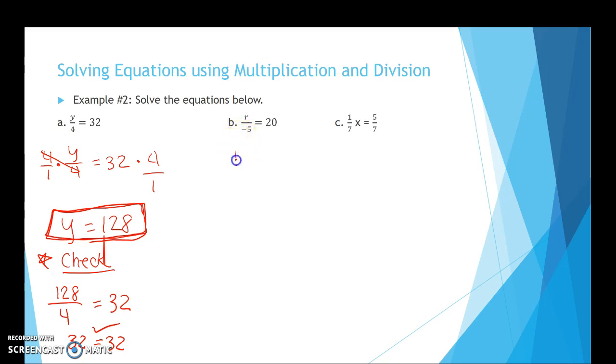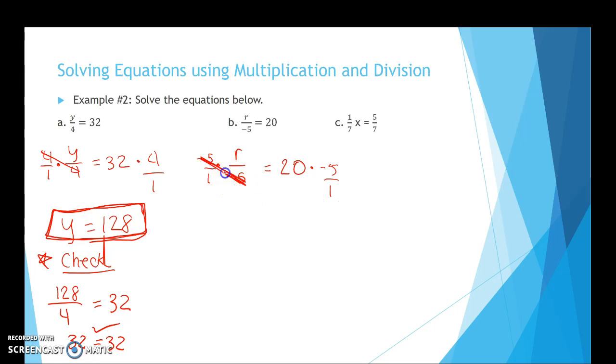Next one we have here, r divided by -5 equals 20. We want to isolate r, meaning getting it all by itself. The opposite of division is multiplication, so we're going to multiply by -5 over 1 on the left. We're going to multiply by -5 over 1 on the right.